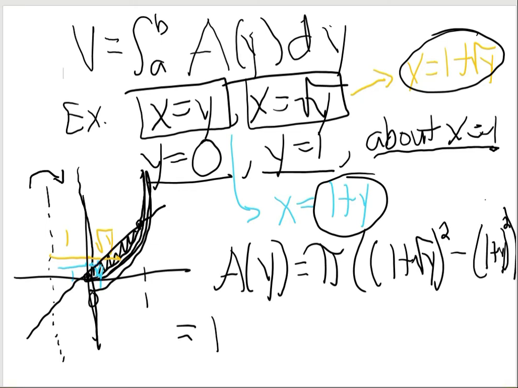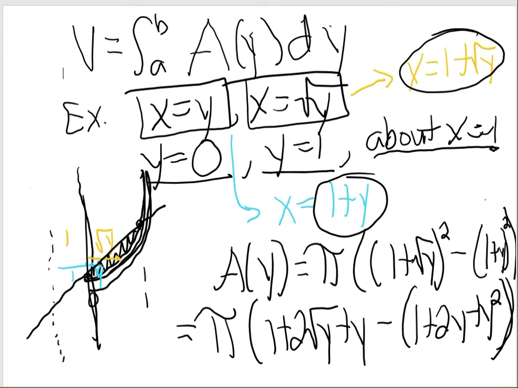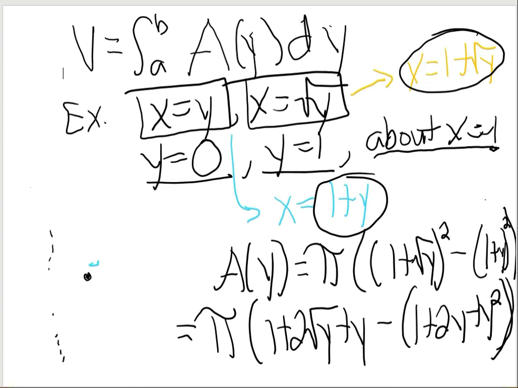Let's do a little bit of simplifying just to make our lives easier. This is going to be 1 plus 2 square root of y plus y minus 1 plus 2y plus y squared, and just clearing some space.